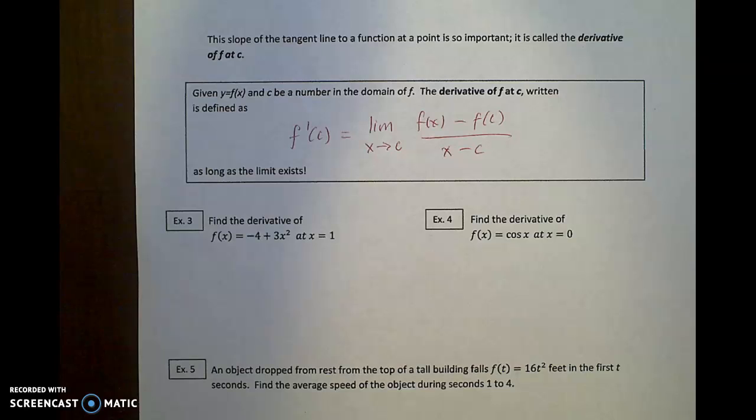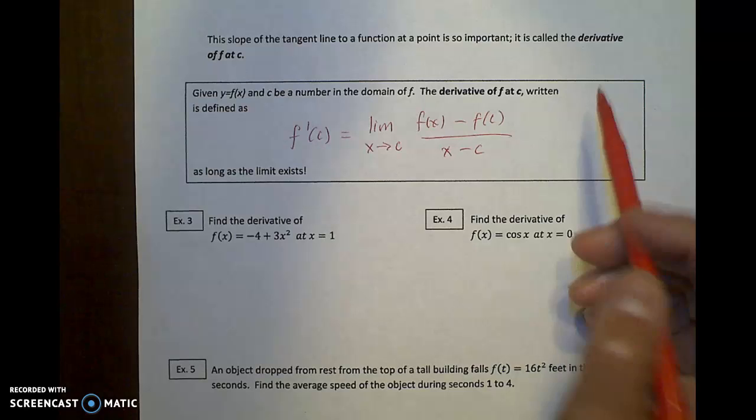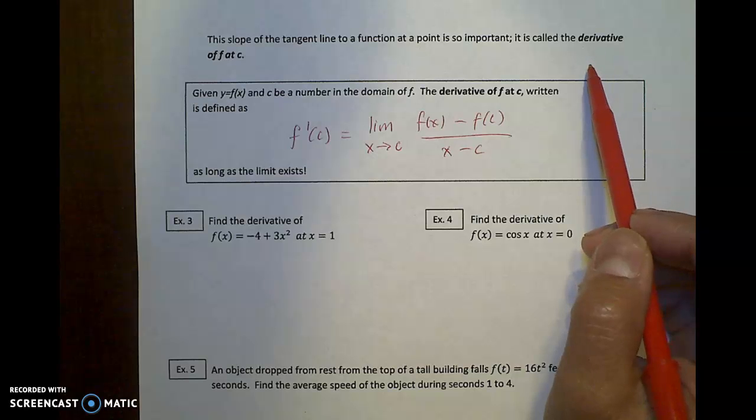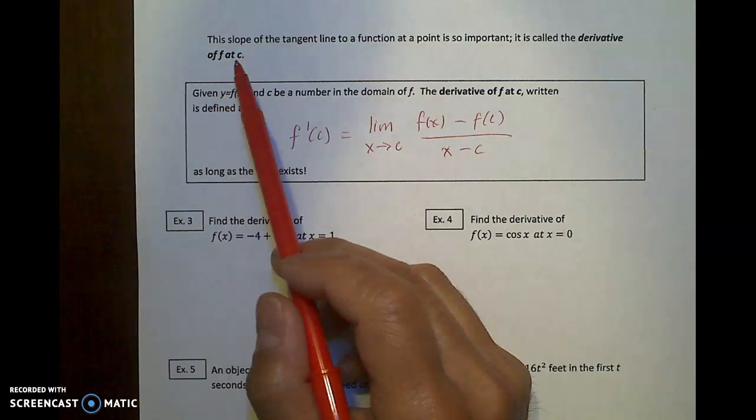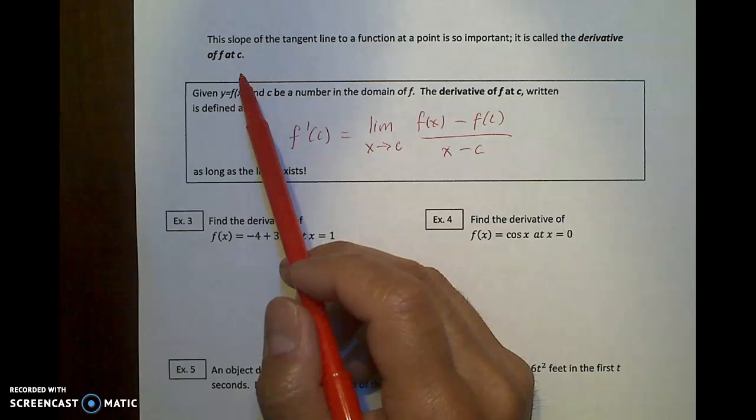Okay, so moving on to the second page of the notes. The slope of the tangent line to a function is very important, because we are now going to change the viewpoint of the slope of the tangent line, because that slope is also called the derivative of the function at that point c.